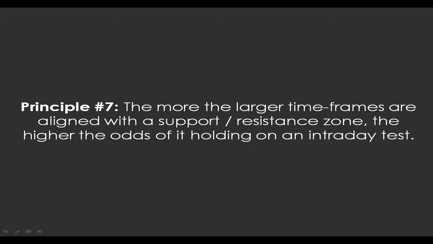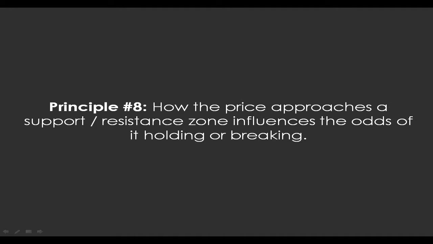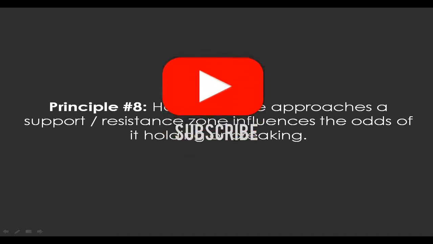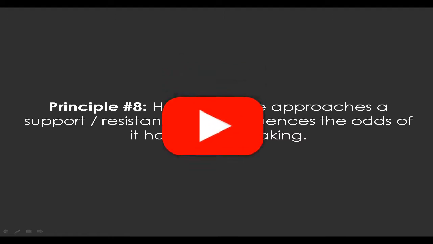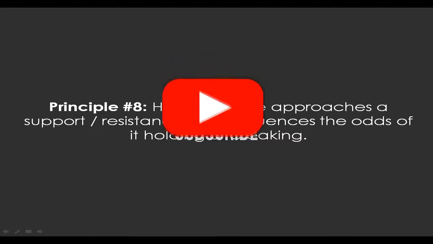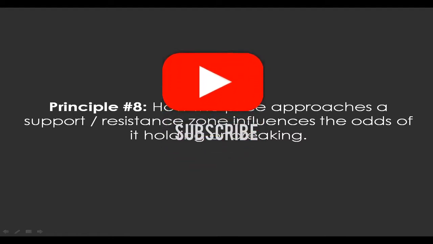Okay. Now, principle number 8. How the price approaches a support or resistance zone influences the odds of that zone holding or breaking. Okay, so it's not just about the zone itself, like in the previous principles, but how the price approaches and reaches that zone is going to influence whether that zone holds or breaks. And this is very important to note.